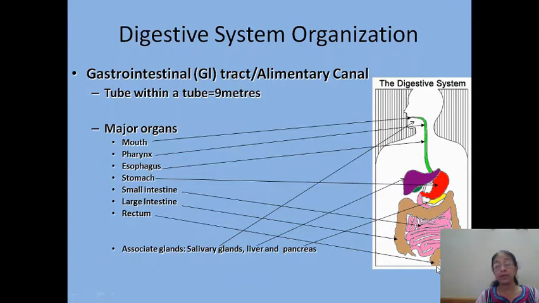The last opening, from where the solid waste product is expelled out of the human body, is known as the anus. So the alimentary canal starts with the mouth and ends with the anus, and it is in the form of a tube, and this tube is around 9 meters in length.